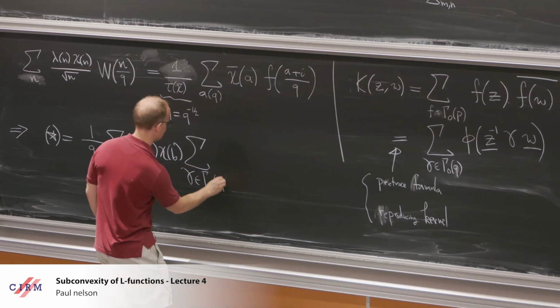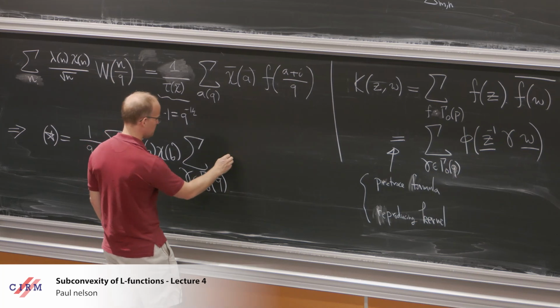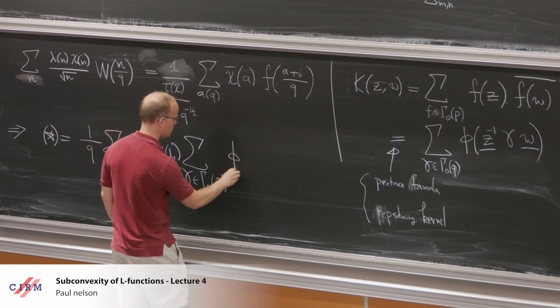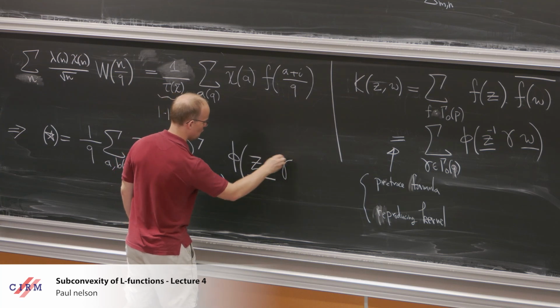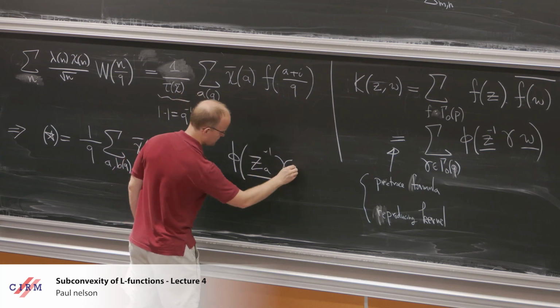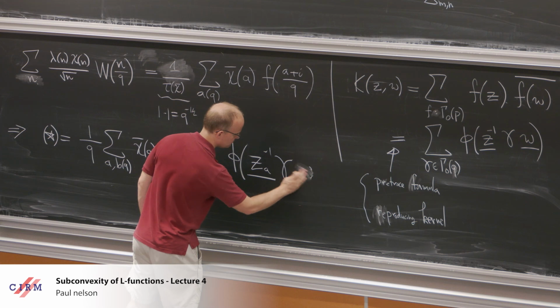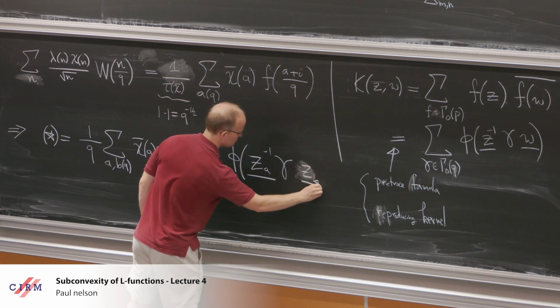So sum over gamma in gamma naught of q. And then you get phi of the same points that I called ZA before, underlined, and then gamma, and then let's say ZB underlined.